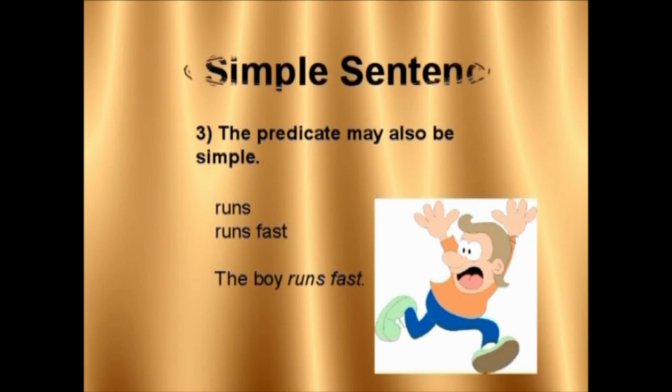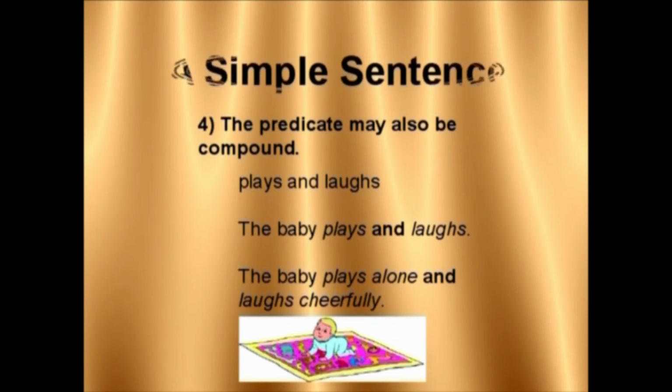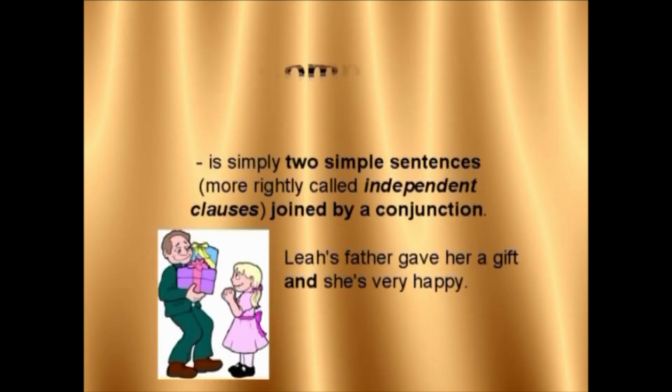Likewise, a predicate may also be simple like runs or runs fast, as in the sentence, the boy runs fast. A predicate may also be compound like plays and laughs, as in the baby plays and laughs, or the baby plays alone and laughs cheerfully.